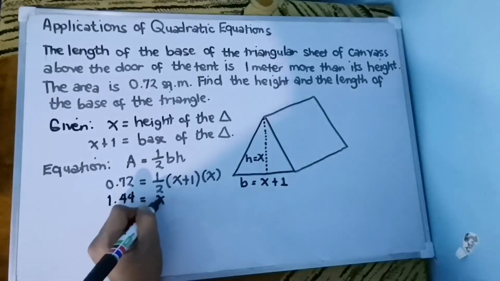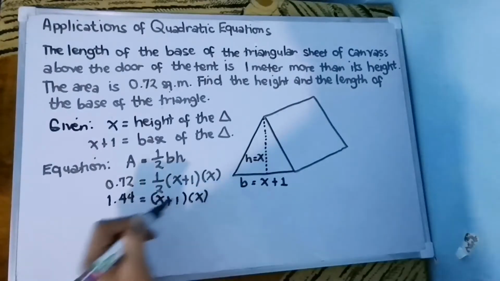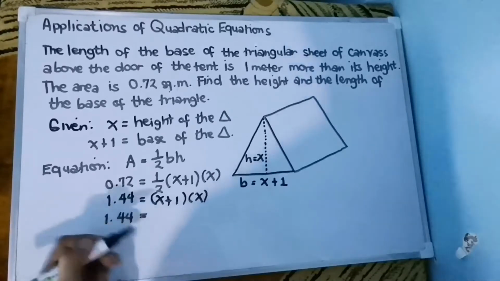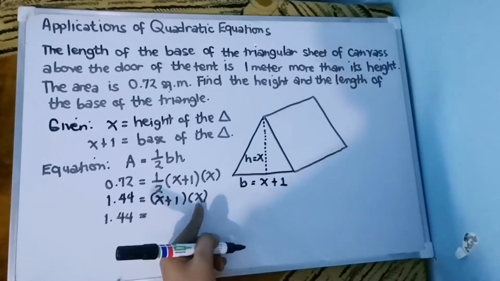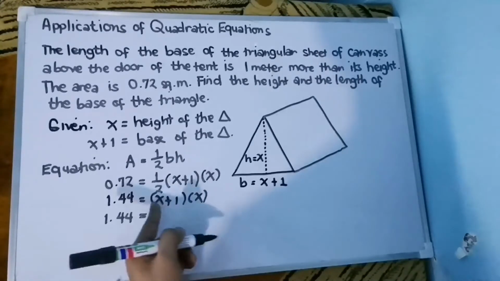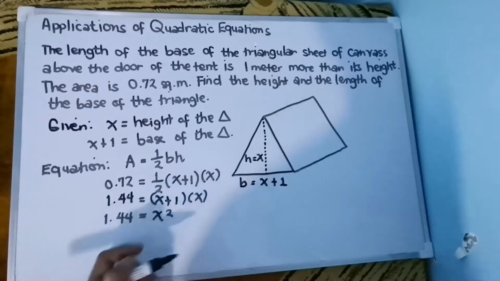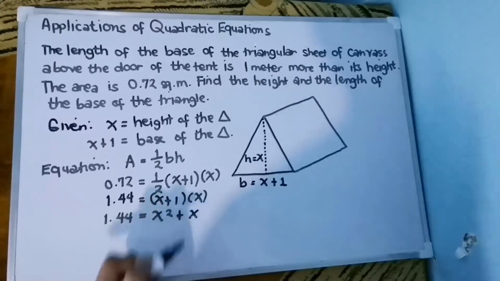So equals to x plus 1 times x. Then 1.44 equals, so multiply natin itong binomial sa monomial. So distributive. So let us distribute x. So x times x is x squared. And then 1 times x is x.